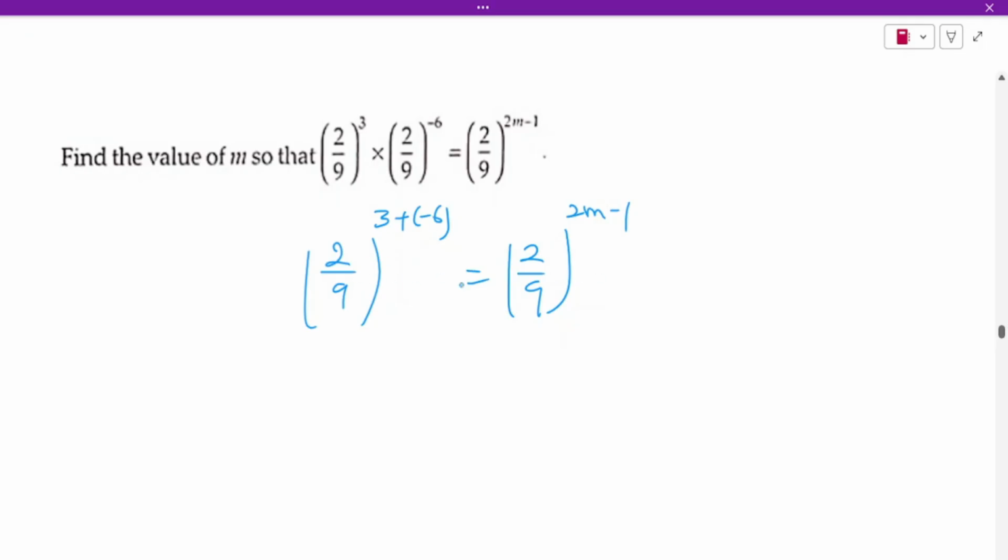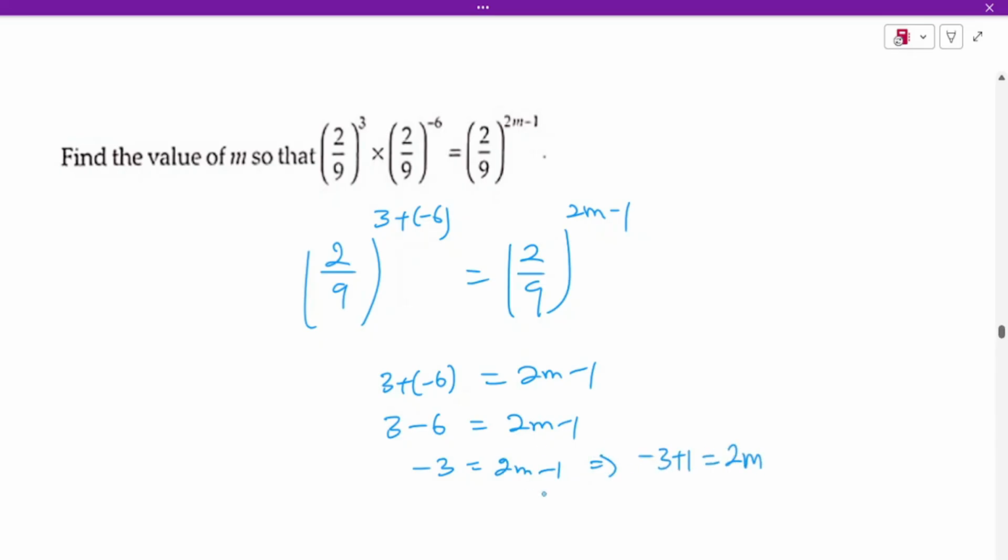As the bases are equal, the powers will be equal. So 3 plus minus 6 is equal to 2m minus 1. Upon simplification, 3 plus minus 6 is minus 3, which is equal to 2m minus 1. Solving this, minus 3 plus 1 is equal to 2m, by shifting to the left side the sign becomes plus.